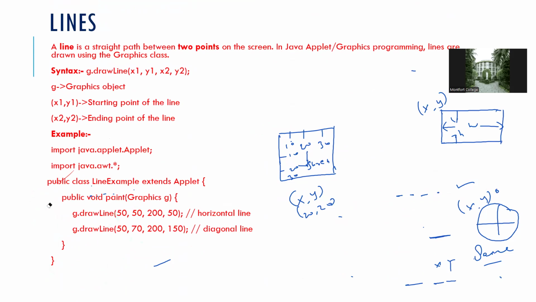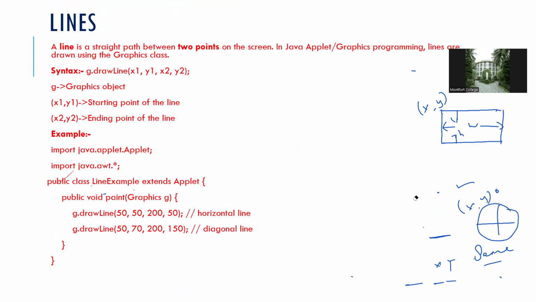Okay, next one is line. Already we have seen line, rectangle, filled rectangle, oval, which means a circle, square, everything. Quickly we will do a review.